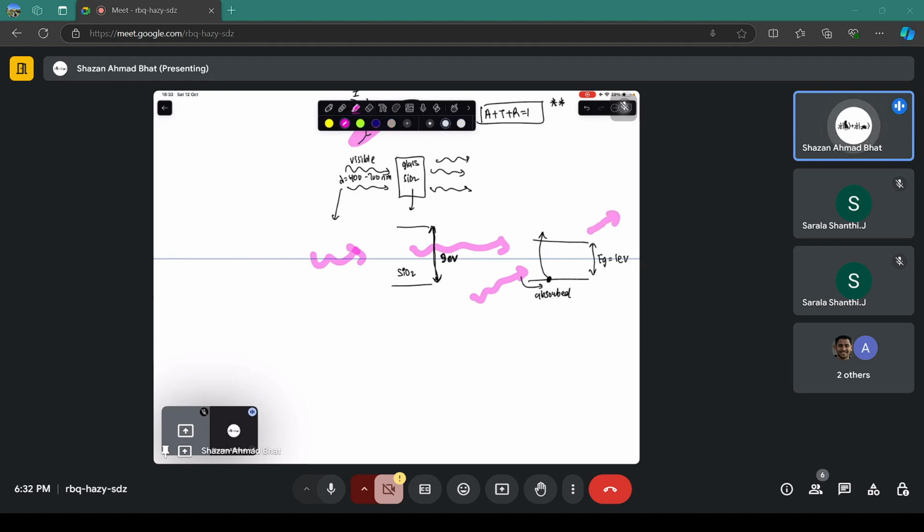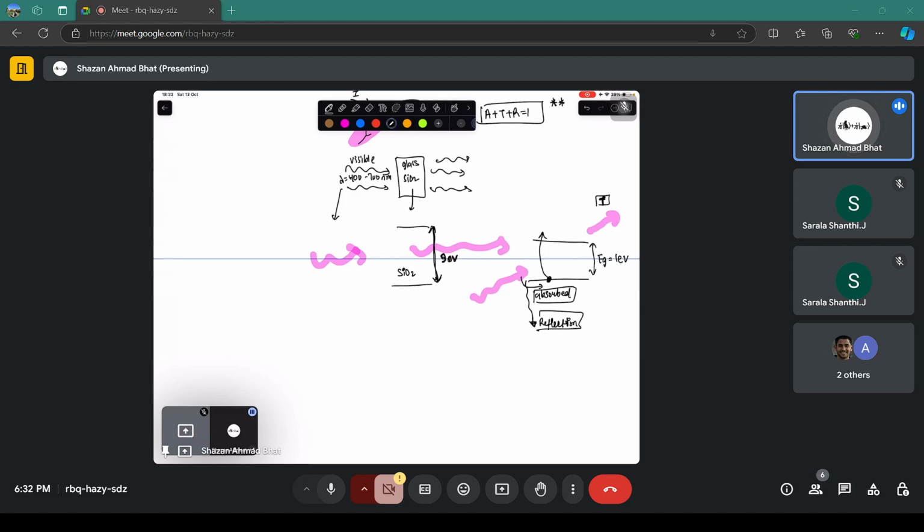Some part will get transmitted. So this will be the absorbed part, and this will be the transmitted part. And reflection is a different scenario. Definitely, there has to be some reflection. If there is no reflection, then you won't be able to see the material itself. Reflection is always there, so there is some reflected part.